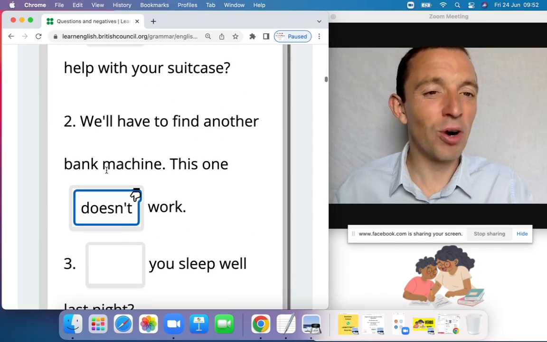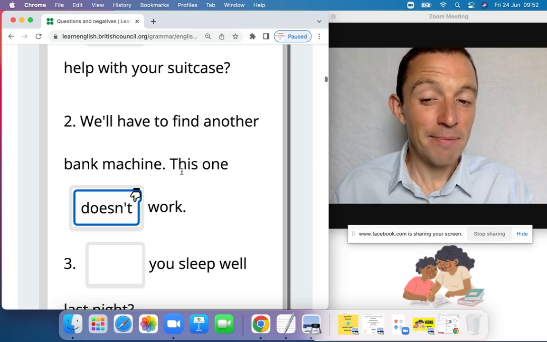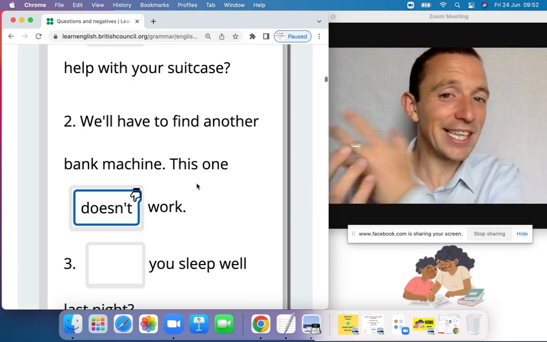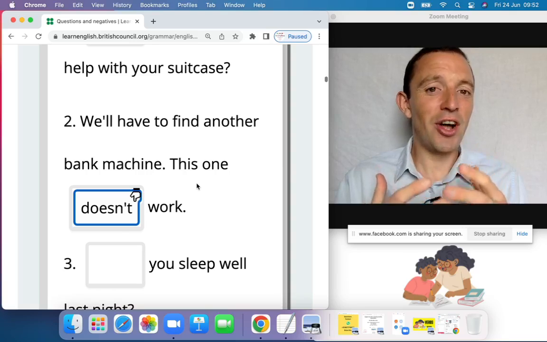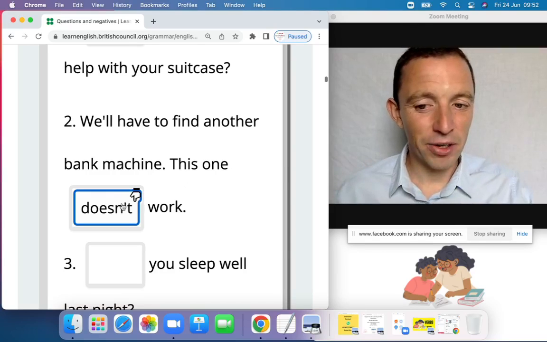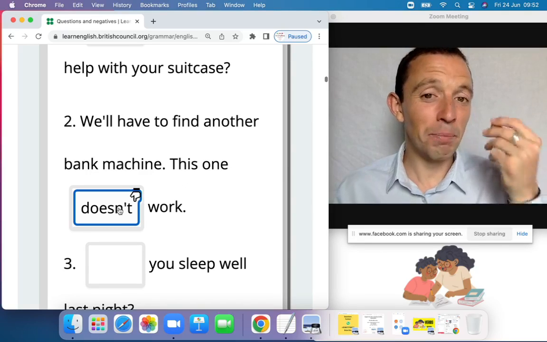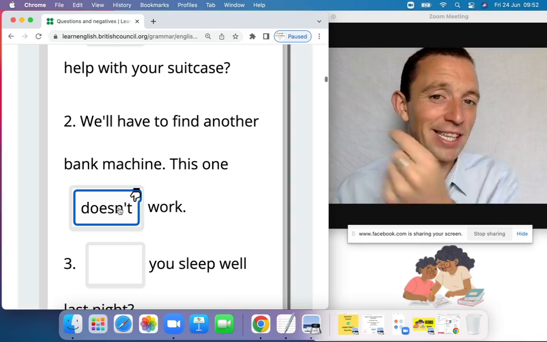I think it's more comfortable in the present. Maybe it's possible this one did not work in the past, but I think it continues in the present not to function. Therefore, this one does not work at the moment, but it is possible in the past it did not work.